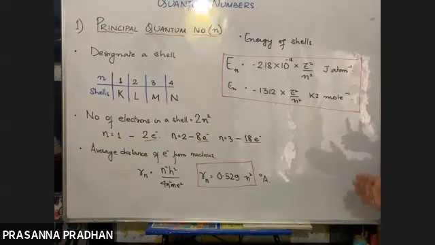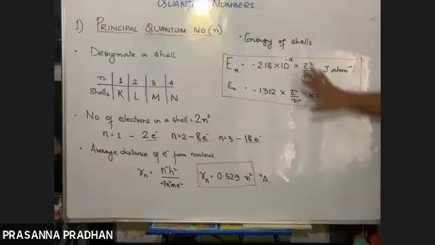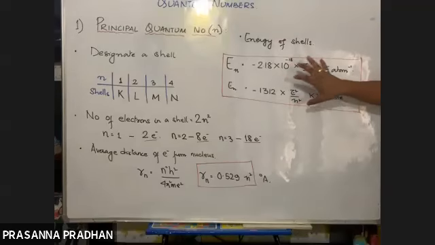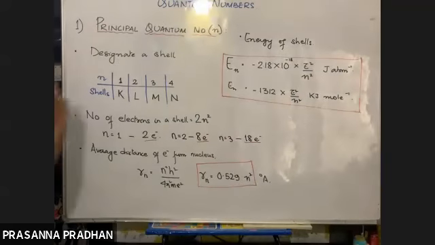Or we can calculate the amount of energy released when an electron returns from a higher energy level to a lower energy level, from these energies of shells. Fine. So these are the different pieces of information provided by this principal quantum number.